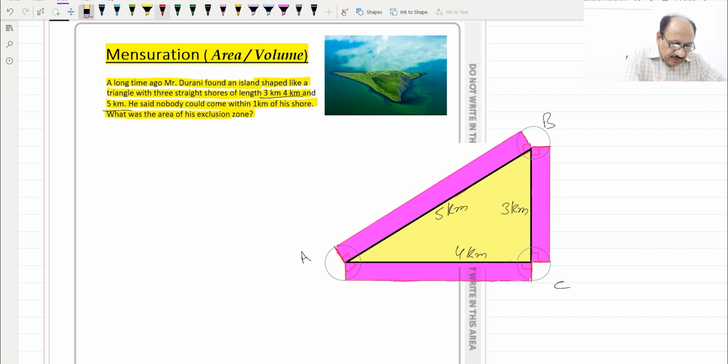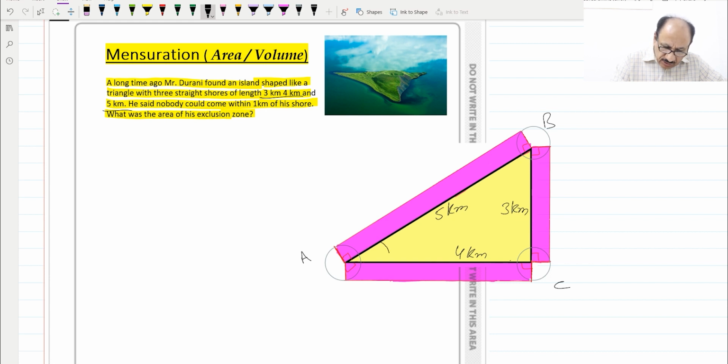Now we can find the angles. To find the sector area we require the angles of the sector, and before finding the angles of the sector we need to find the interior angles of the triangle.